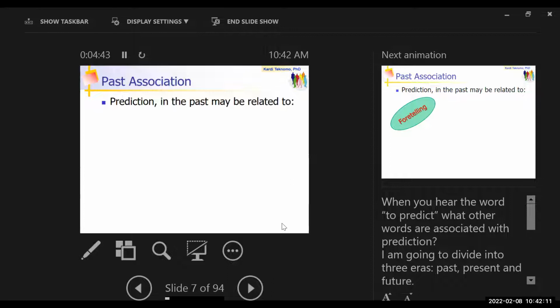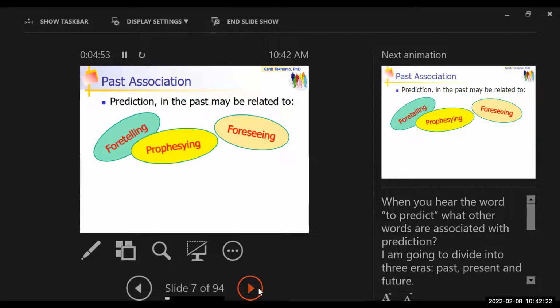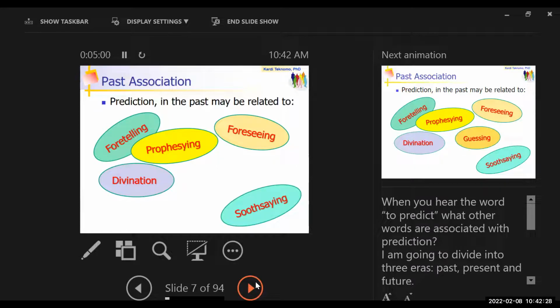So in the past, prediction has been associated with foretelling, foreseeing, prophesying, divination, soothsaying, guessing. What is this? All qualitative, based on belief, right?